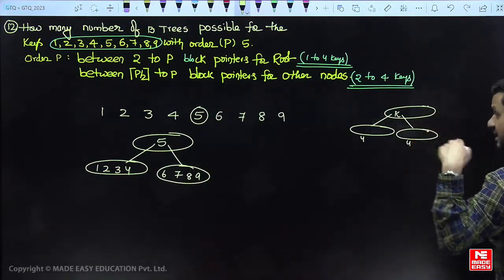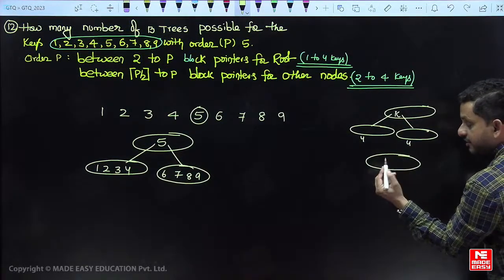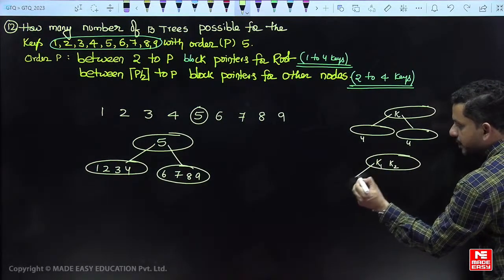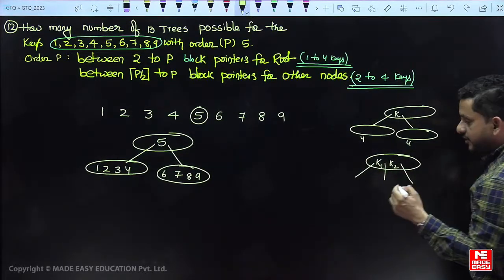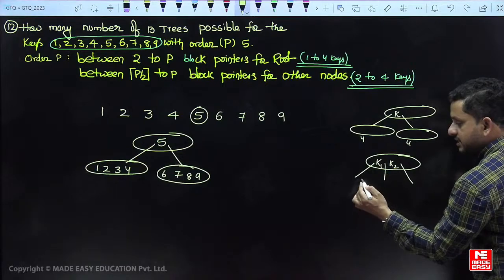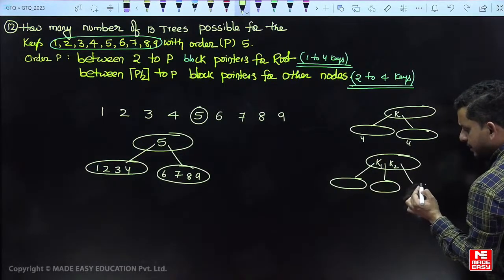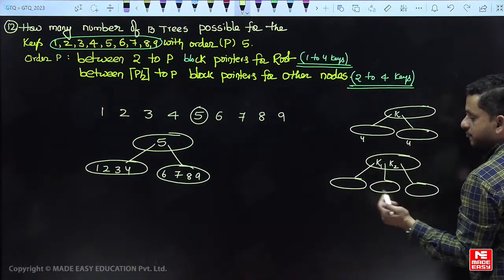Now, is there any possibility where we can take 2 keys in the root? If I take 2 keys in the root, I need 3 child pointers because in a B tree all the leaf nodes should be at the same level. So 2 keys means 3 leaf nodes should be there. The number of block pointers should be one more than the number of keys.